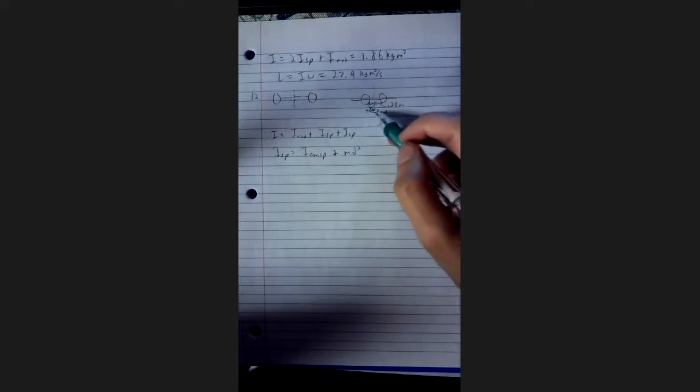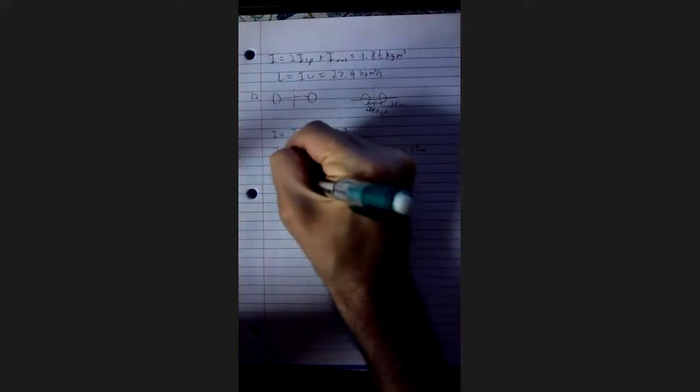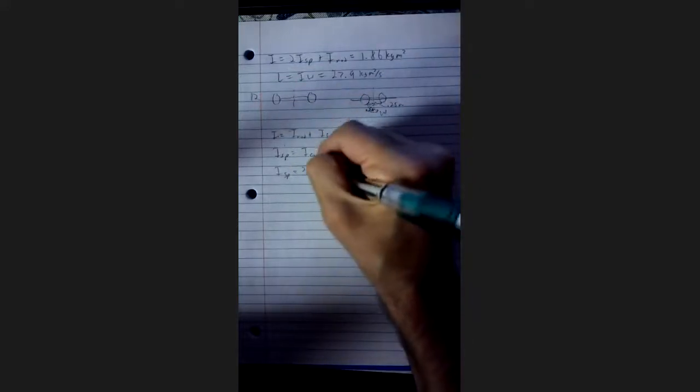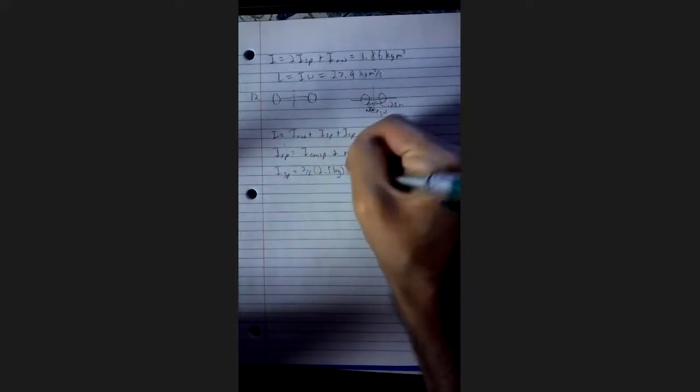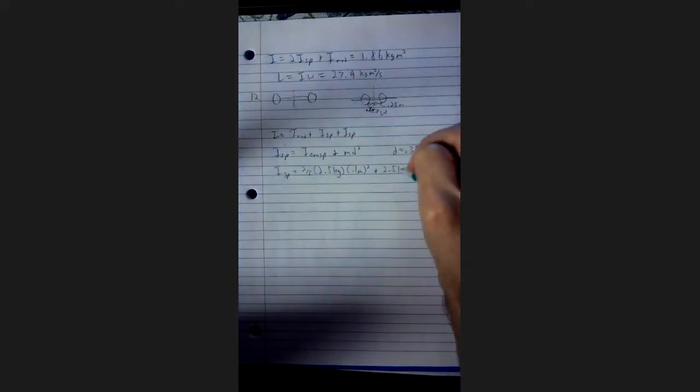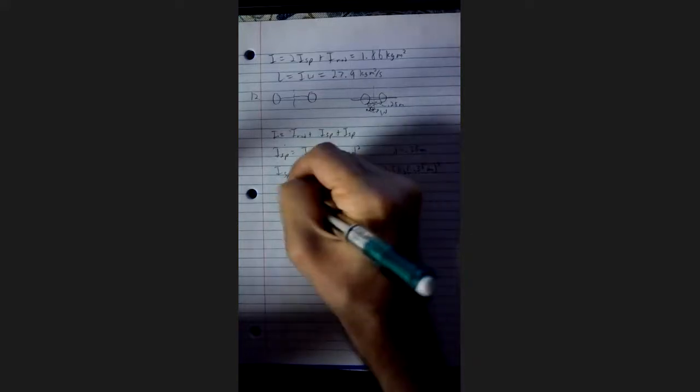But now our d, instead of being the half a meter plus the radius, is 0.25 meters plus the radius. So that's 0.35 meters. And so our total moment of inertia for each sphere is 2/5 times our mass. What was our mass? 2.5 kilograms times our radius, which is 0.1 meter, plus our mass again, times our 0.35 meters squared.